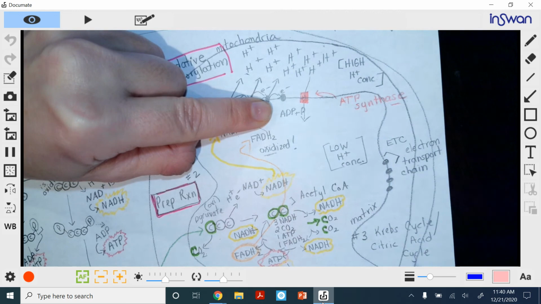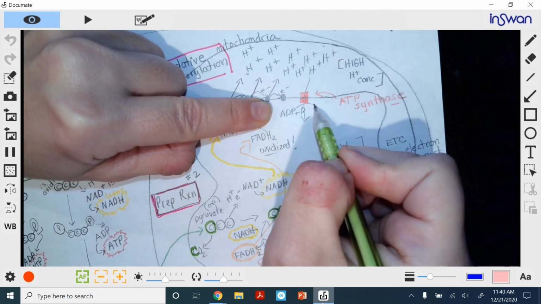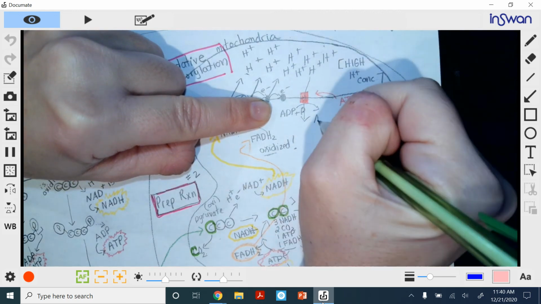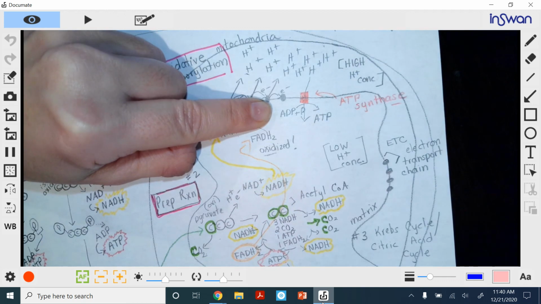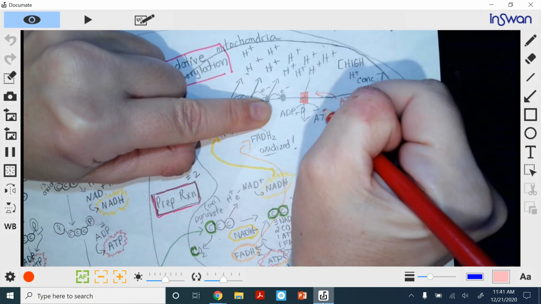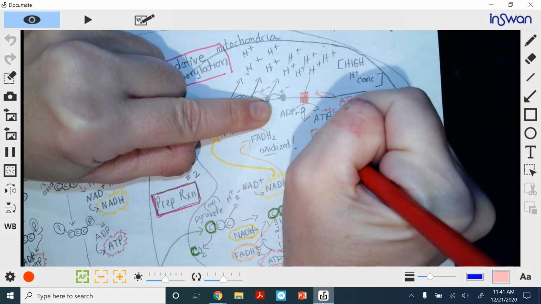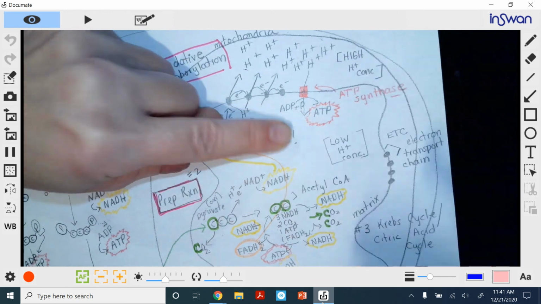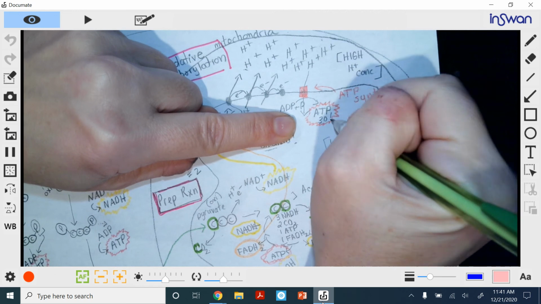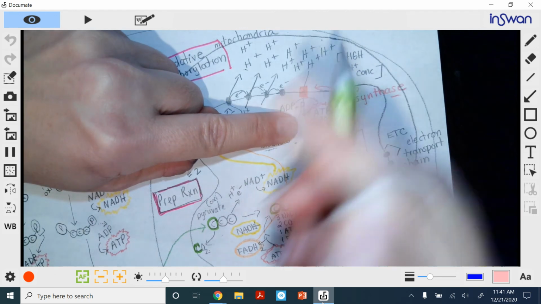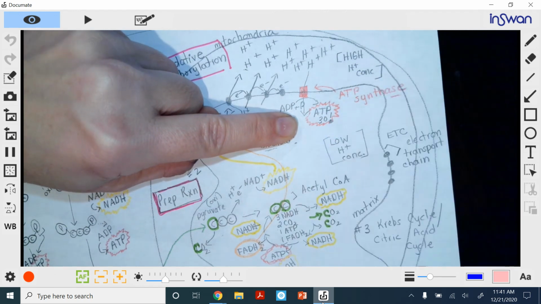So there's a P there. And then they fly off together as ATP. And by the way, it's a ton. It's usually about 30 from one glucose molecule.